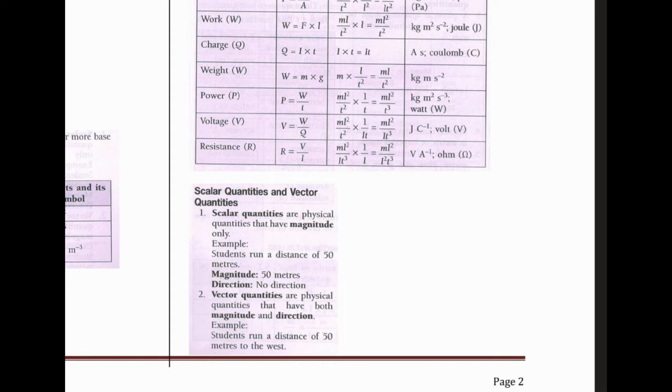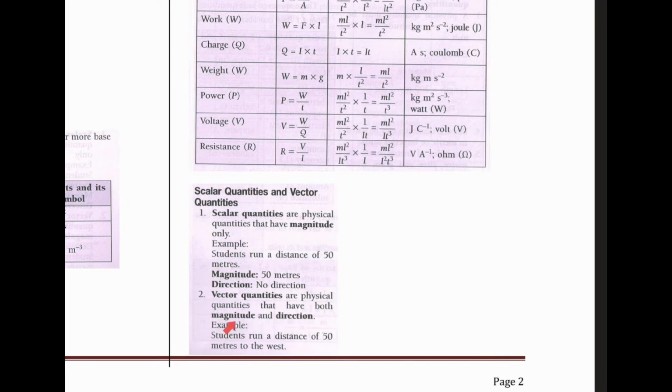So example, students run a distance of 50 meters, magnitude 50 meters, direction, no directions. Okay, so distance is a scalar quantity. So scalar quantities. Vector quantities are physical quantities that have both magnitude and direction.